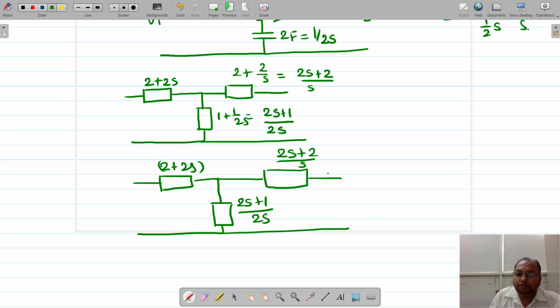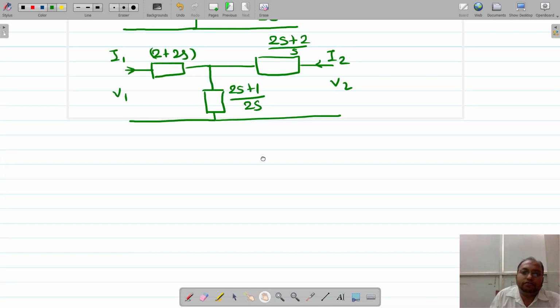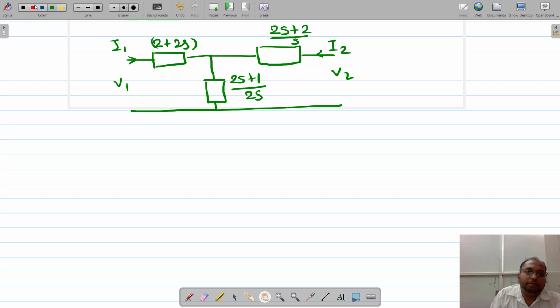Okay, now let us go for finding out the Z parameter for this circuit. I hope this is not that much difficult, okay, fine. So let's go for finding out the Z parameter for this one.